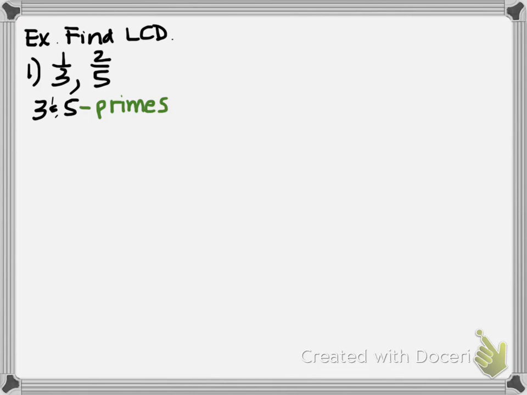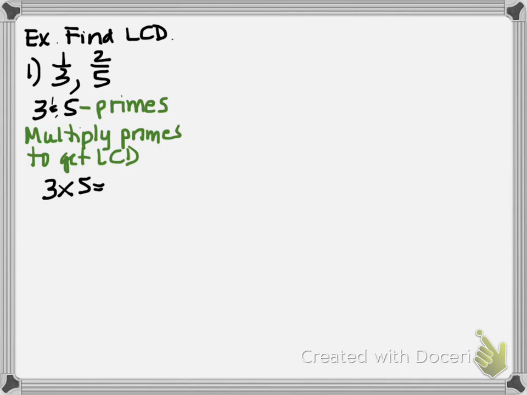When you have only primes in your denominators, what you're going to do is multiply the primes to get the LCD. So multiply primes to get LCD. So this is one strategy. Now you can use this strategy all the time to figure out your LCD, but it's not going to give you the least common denominator, so you might be multiplying by a number larger than you need to.